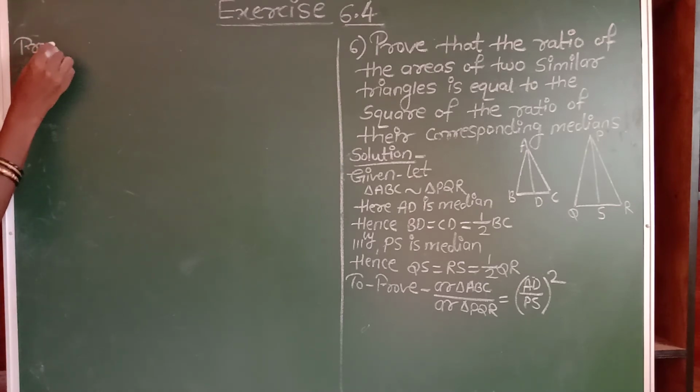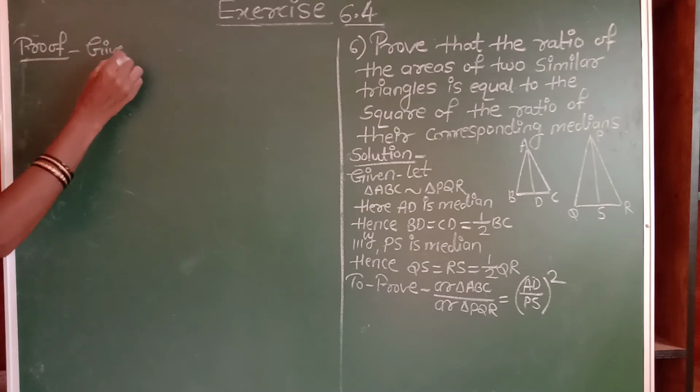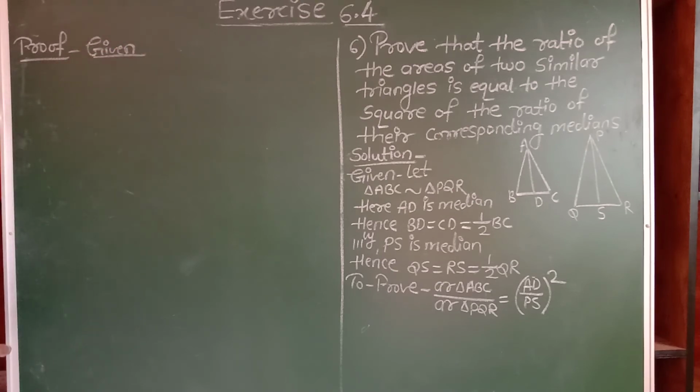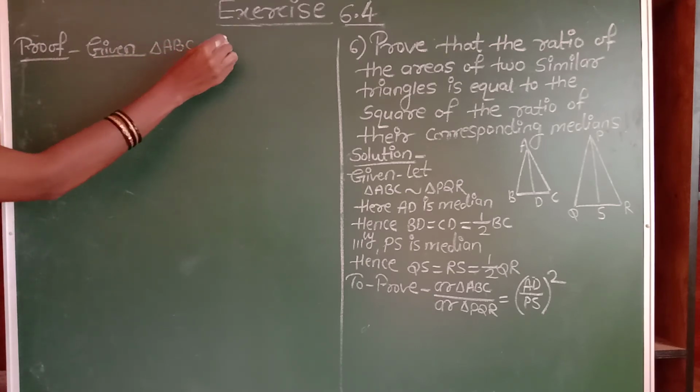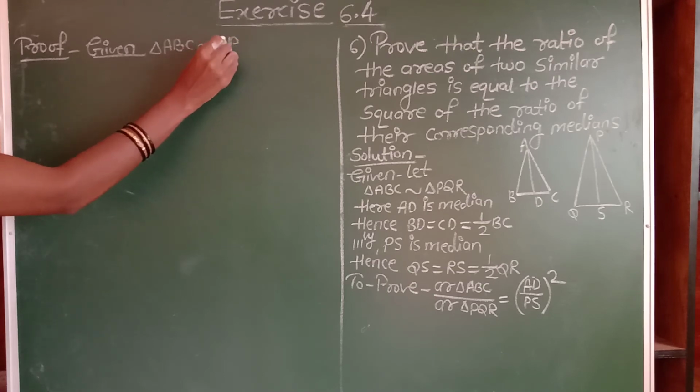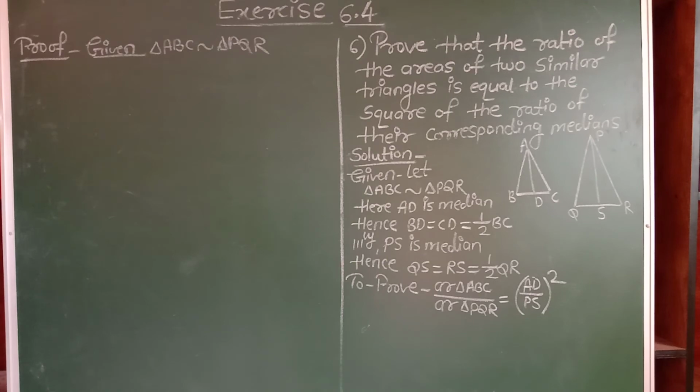Proof. What is given? Given is triangle ABC is similar to triangle PQR.